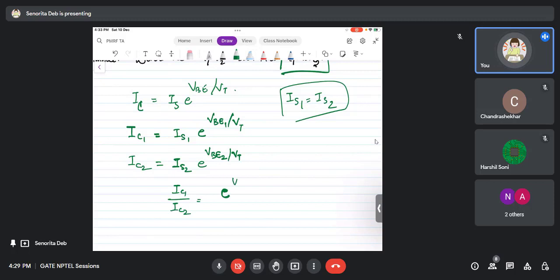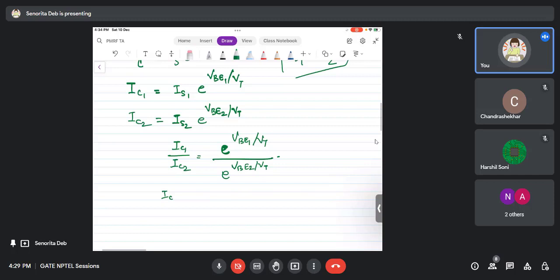So now if I take the ratio IC1 by IC2, it equals e to the power VBE1 by VT upon e to the power VBE2 by VT. From the property of exponents, this is e to the power (VBE1 minus VBE2) divided by VT. I hope you know this much maths.